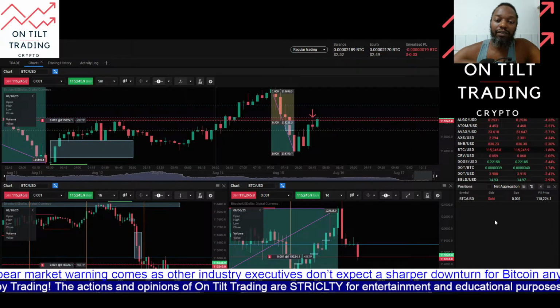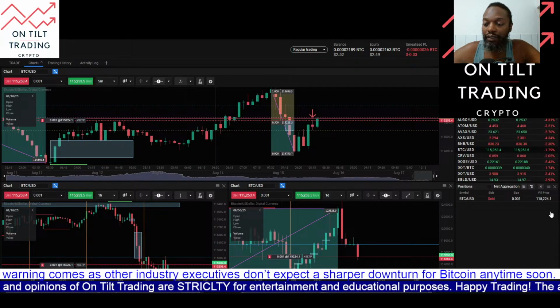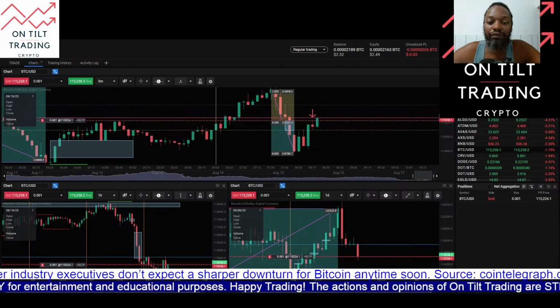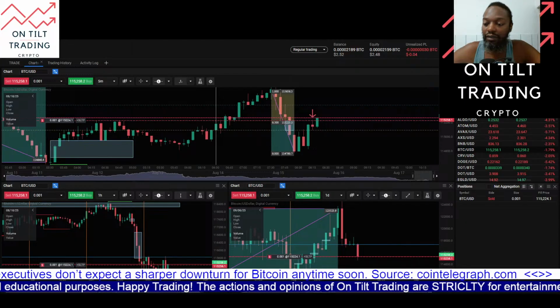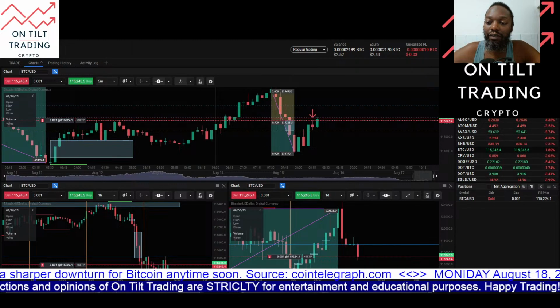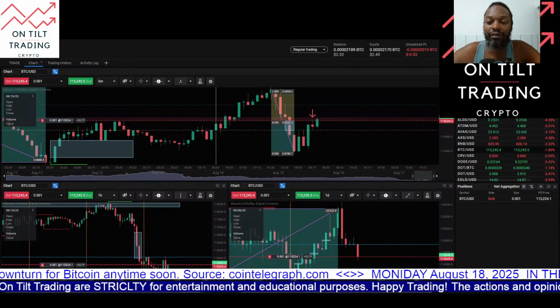Price just tested this purple line here, which is the midnight opening price for New York. Price has just tested this level here, and getting some reaction to the sell side currently.